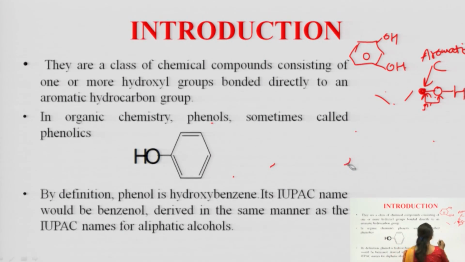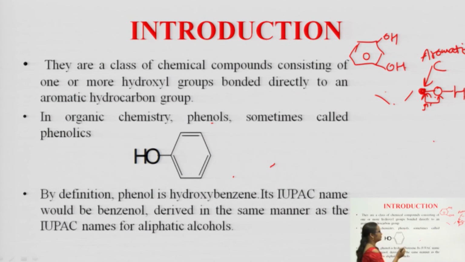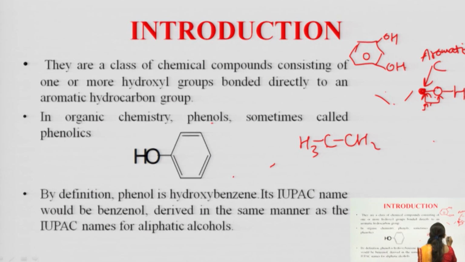For example, for the nomenclature of CH3CH2OH, this is an aliphatic alcohol.